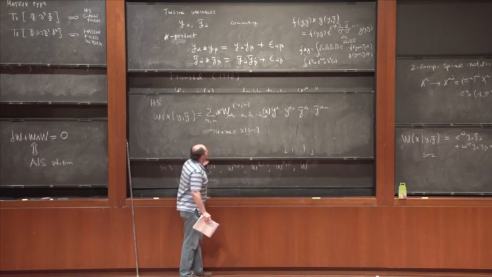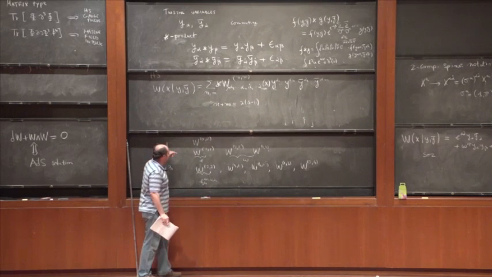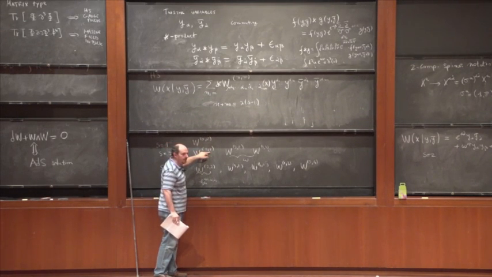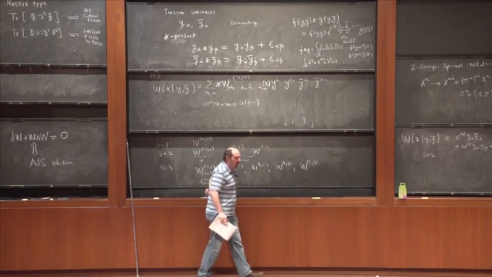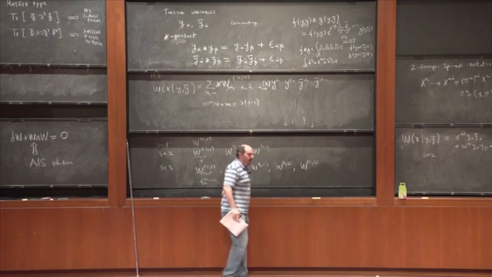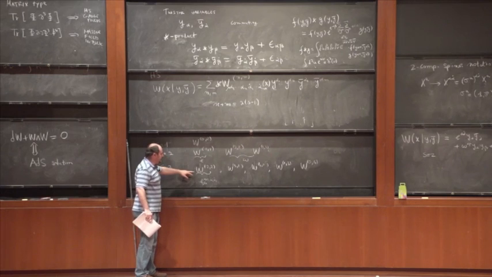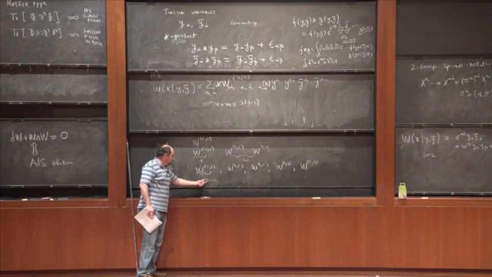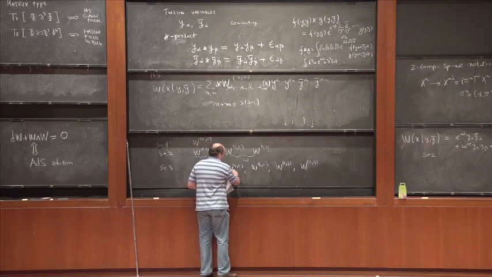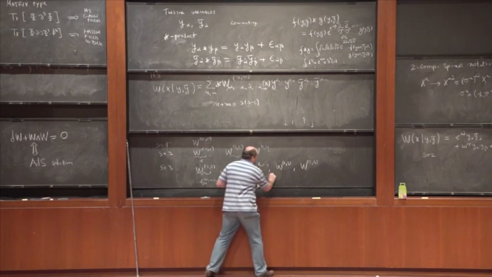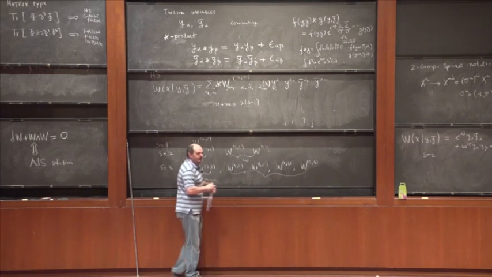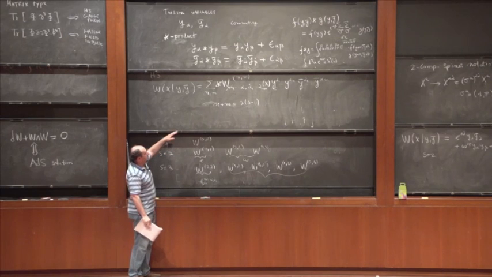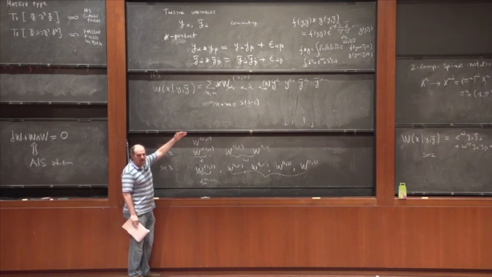So for gravity, it's not 2 but 1,1. That's the Wilbein, e alpha alpha dot. And this is the spin 3 Wilbein. It has one vector index and alpha 1, alpha 2, alpha 1 dot, alpha 2 dot. All these are generalizations of spin connection. I don't want to go into too many technical details. It's just supposed to give an idea of why this is a natural way to generalize the Wilbein and spin connection formalism to all spins.